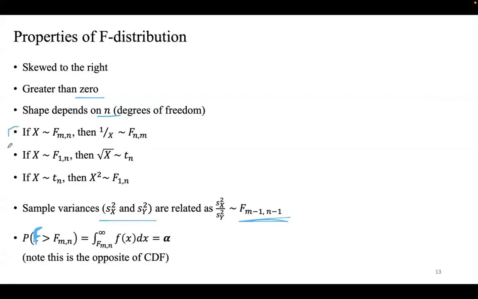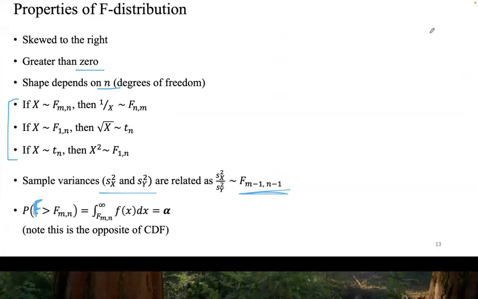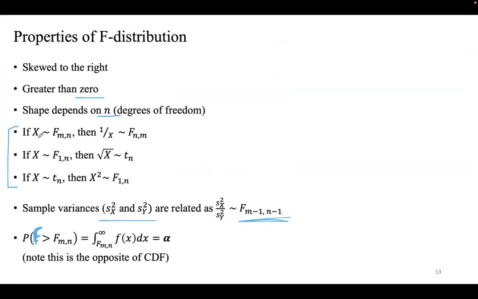These three properties. If there is a random variable, we can also denote it with z if that makes it simpler, so you don't get confused by the x that we are using here. Any random variable which has an F distribution with m, n, then its inverse will also have an F distribution.